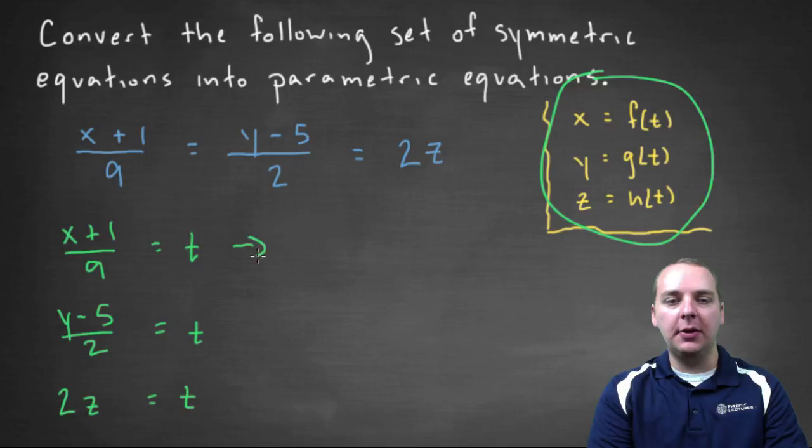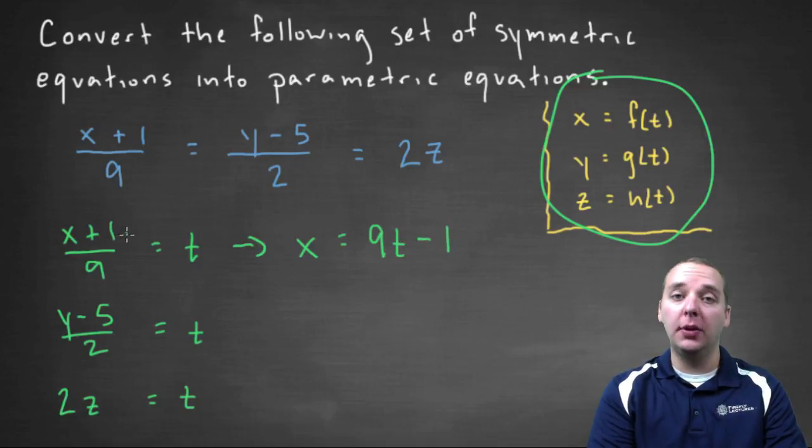So this guy, and I'm going to skip some of the basic algebra, this would lead us to x equals 9 times t. You multiply the 9 to the right hand side. 9 times t minus 1. We'll subtract that 1 when we're finished multiplying by 9. The y value would be equal to 2 times t.